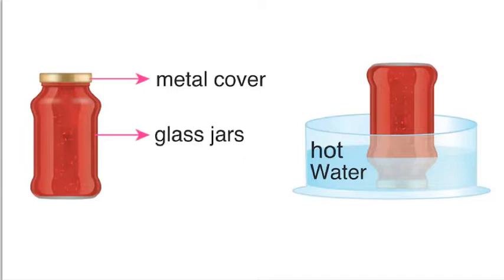So the metal contracts and expands more when you have a difference of temperature than the glass. So when you lower the temperature, the metal cover is going to become smaller than the glass jar.